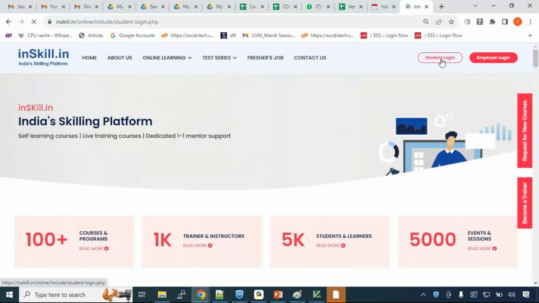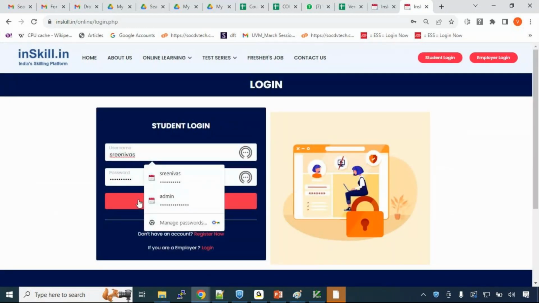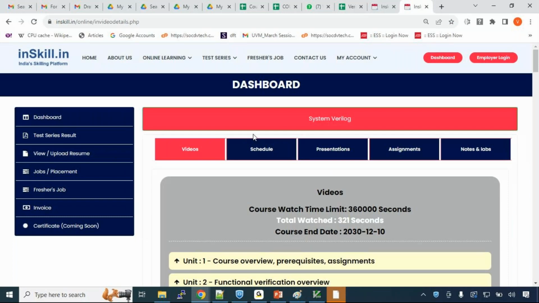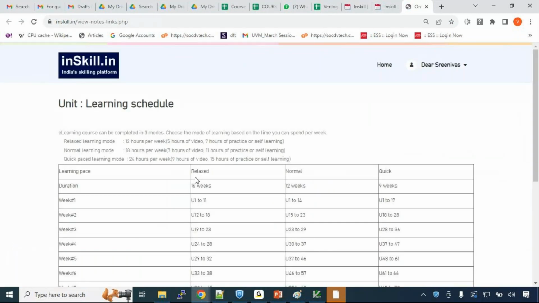Okay, sir. I'll show you. If I go to any course system where I log in, let's say, and open the schedule, we divide the schedule into three types: relaxed learning, normal learning, and quick-paced learning.